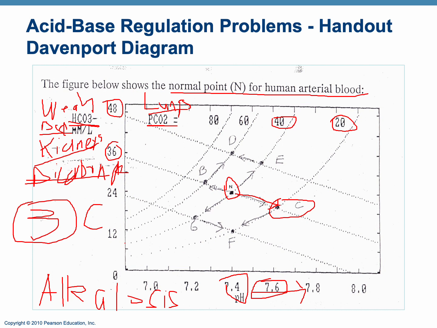So this is a state known as respiratory alkalosis. So respiratory alkalosis, the blood pH has increased and the PCO2 levels have fallen.